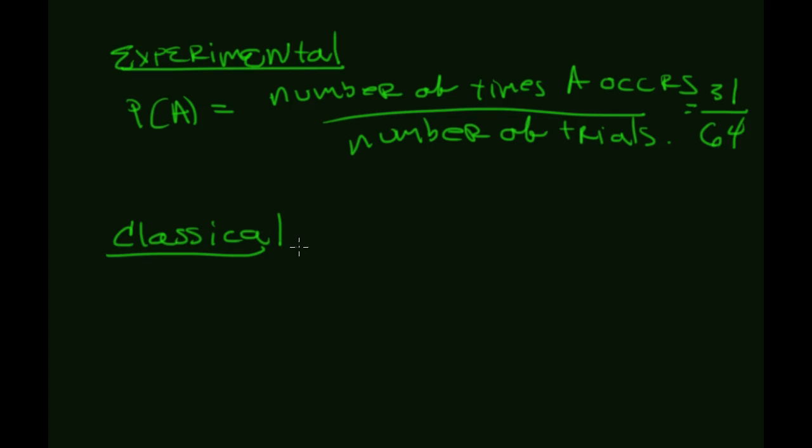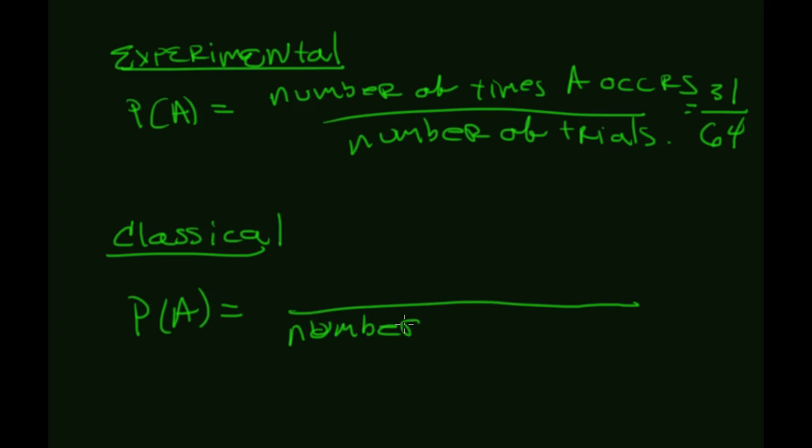Okay, so classical probability is a little bit different. Classical probability doesn't actually do the experiment. It just says, like, the number of simple events that could happen, that are possible.